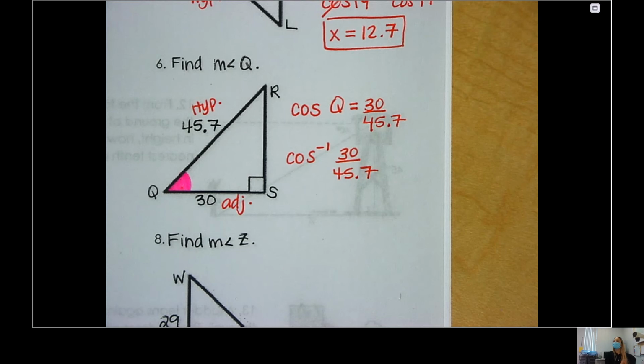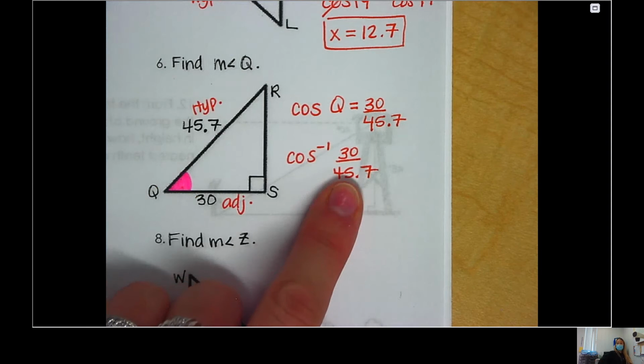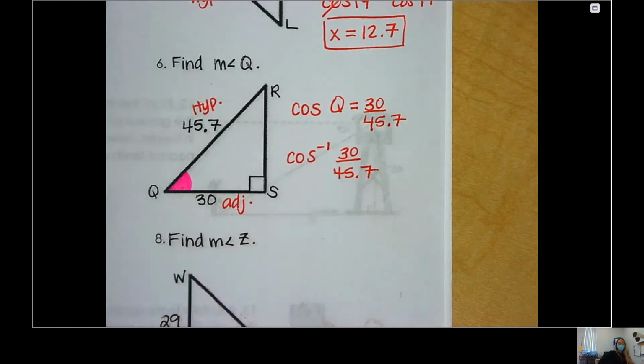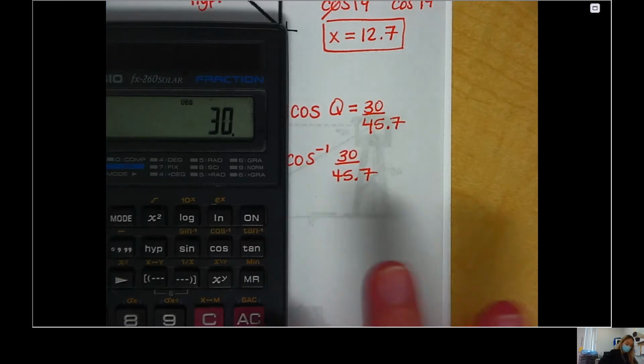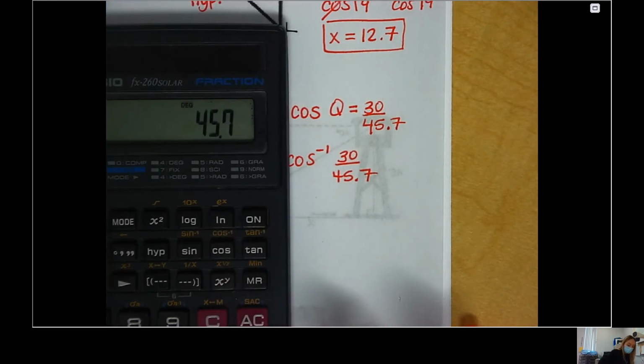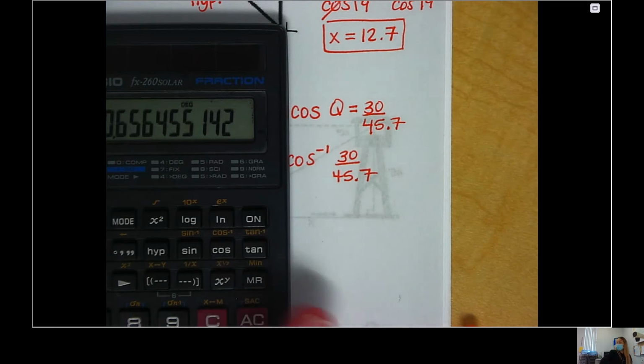Okay, who remembers how to put this into the calculator? Okay, so first, everybody do that. Everybody do the fraction first. 30 divided by 45.7. And push equals, get a decimal.